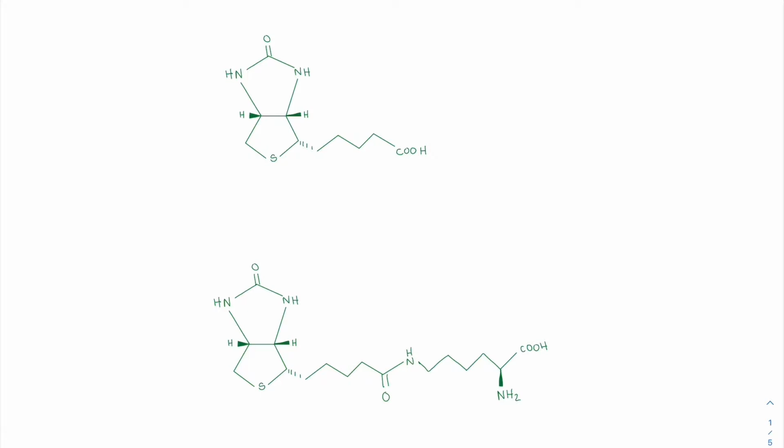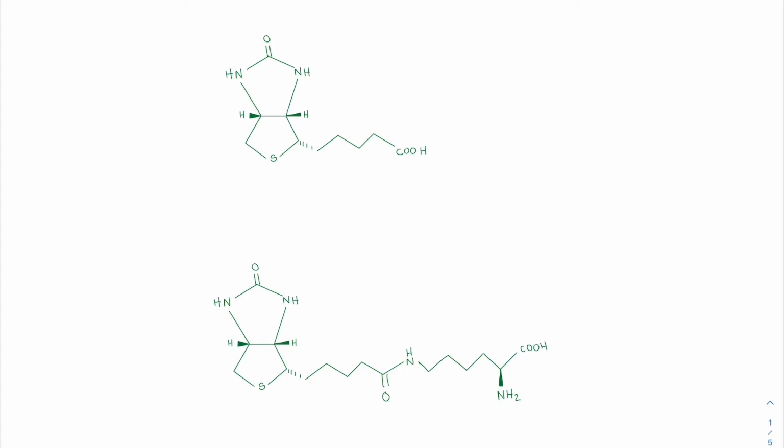Once biotin is broken down, and I say broken down, but it's more broken away from the lysine, this occurs because of biotinidase. That is what breaks it apart. And we'll talk about the biotinidase in just a moment. So biotin cleaves off the lysine by the biotinidase, and then we have free biotin.